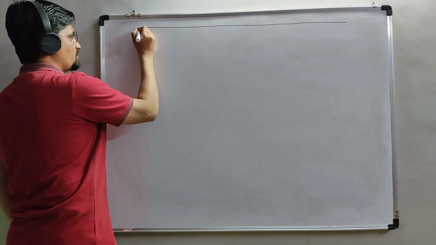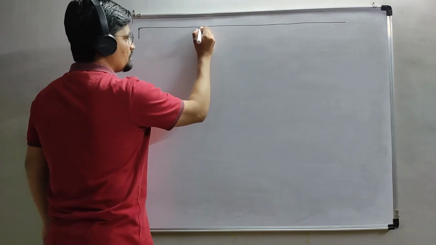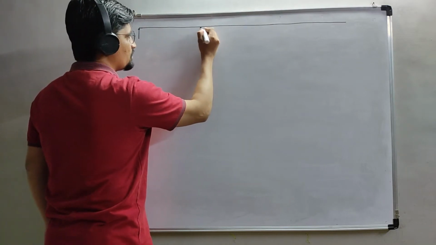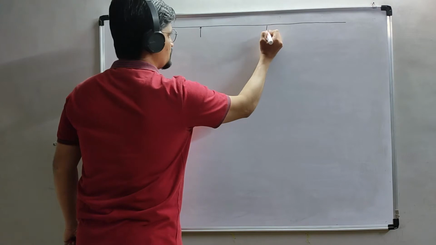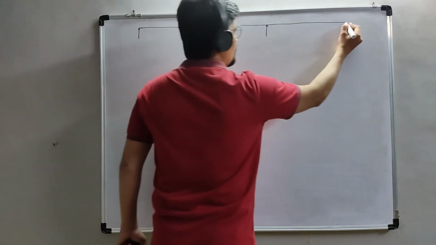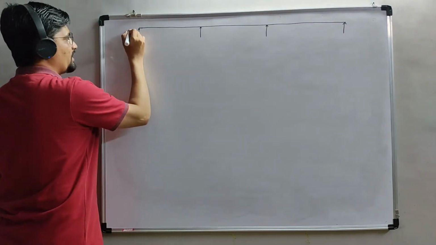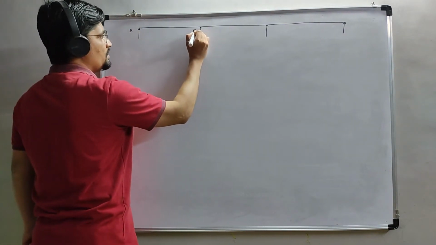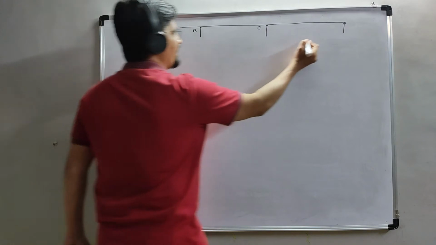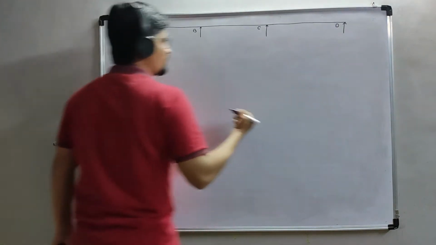This one is our first support. This one is our second support. This one is our third support. And this one is our fourth support. So I will label them A, B, C and D. Okay.